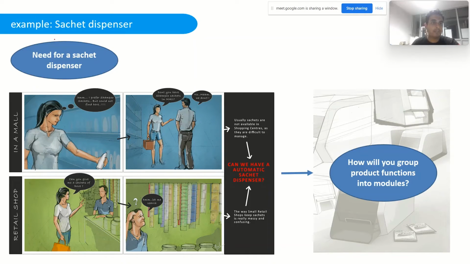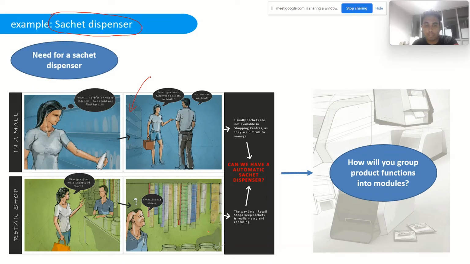So here's an example. In the week 7 live session, I gave this example of a requirement where a particular product is envisioned. That is a sachet dispenser, because in a shopping mall scenario we don't have those 2 rupee sachets, and they have only shampoo bottles.